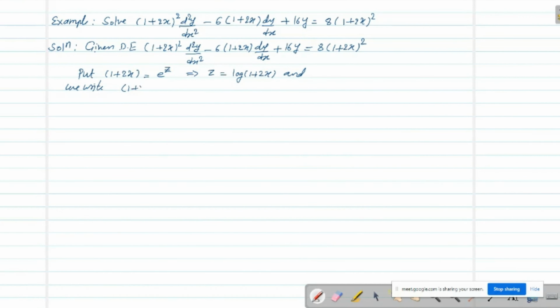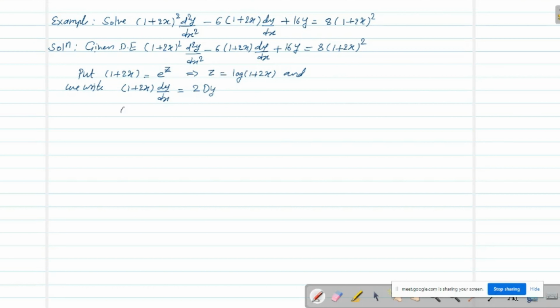(1 plus 2x) dy by dx equal to what? We write here 2 dy. Here a is 2 and b is 1. So a dy, that is 2 dy.